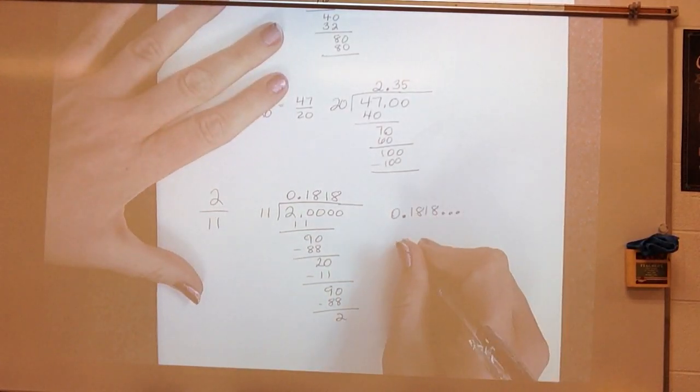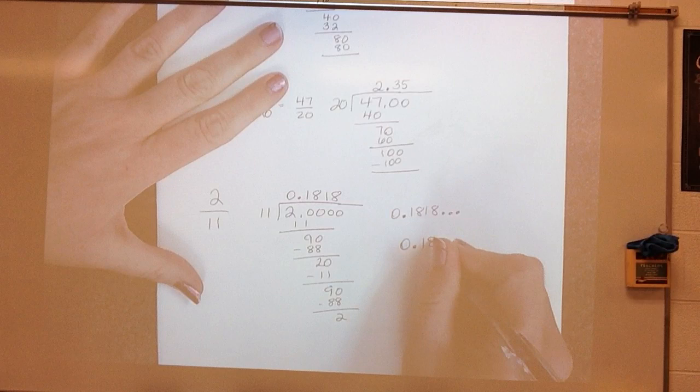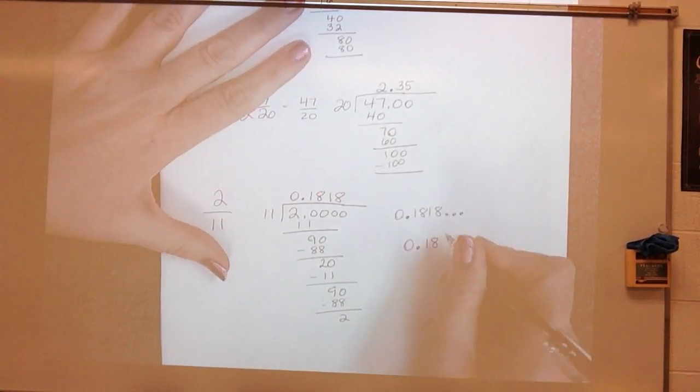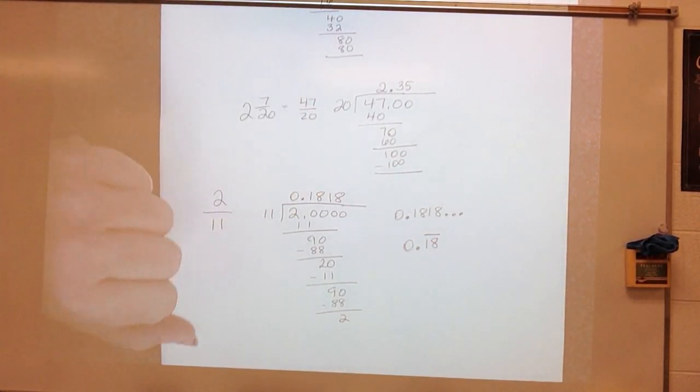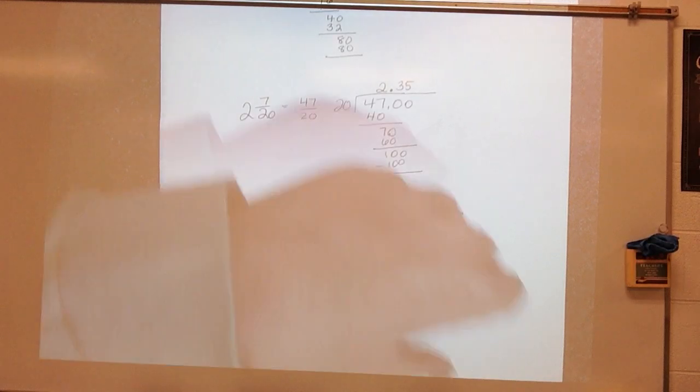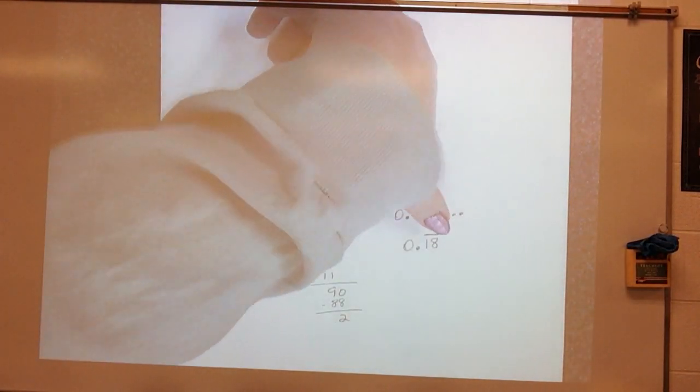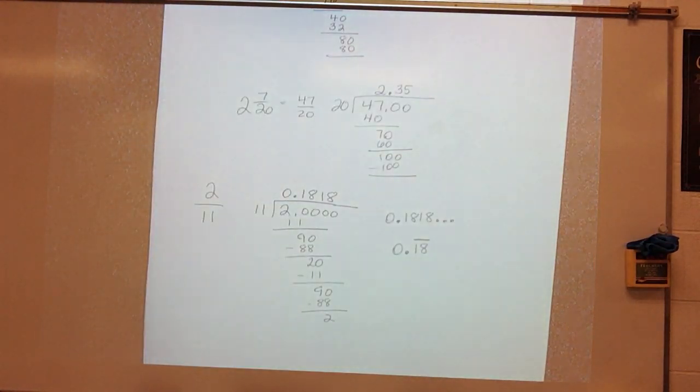Or you can write it like this. Get the numbers that repeat, and you can put a bar over top of the numbers that repeat. Now, it's important to make sure you put the bar over top of every number that repeats. So in this case, the 1 and the 8 both repeat, so I would put a bar over that.